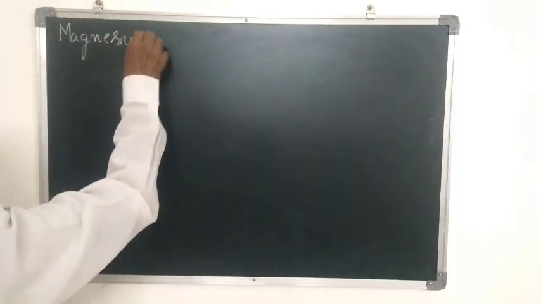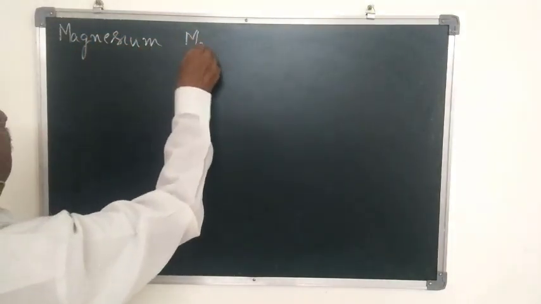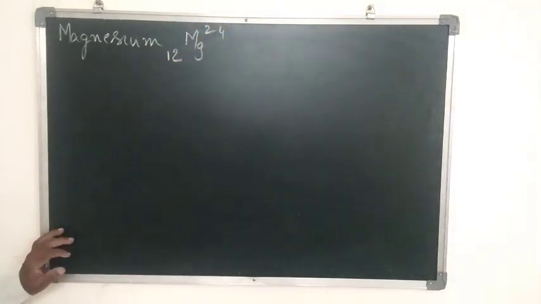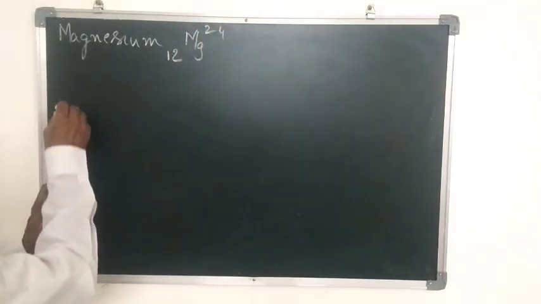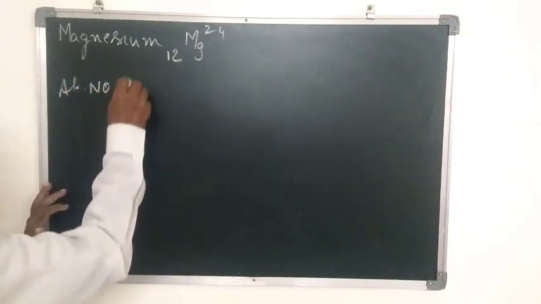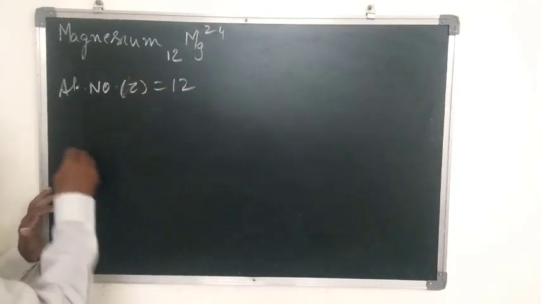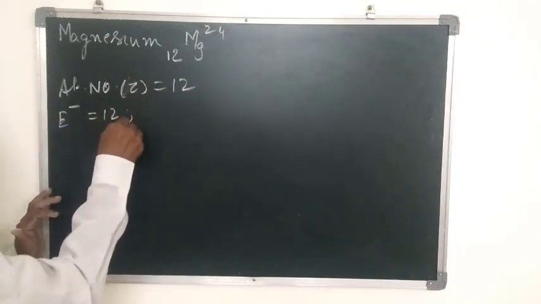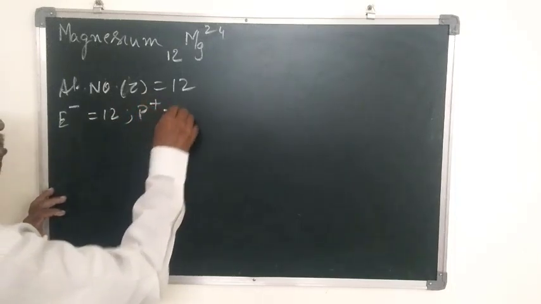Magnesium, what is the symbol? Mg, atomic number 12, mass number 24. So atomic number Z is 12. What does it indicate? Number of electrons is 12, number of protons is also 12.